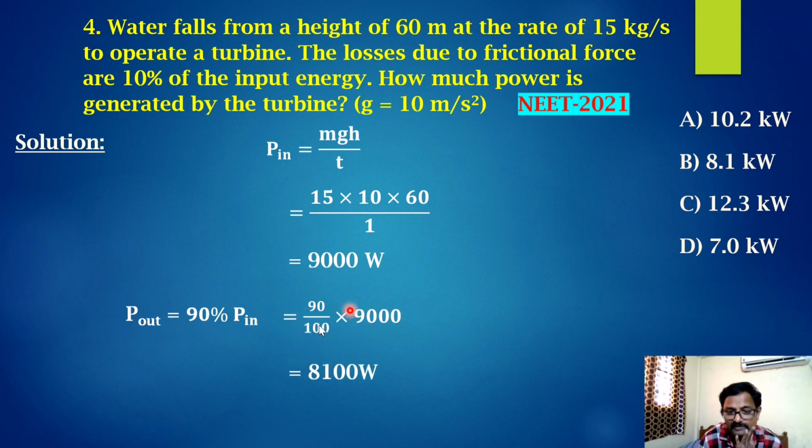If we simplify here we will get 8100 watt. That I can write as 8.1 kilowatt. Why? Because 1 watt means 1 by 1000 kilowatt. So we will get 8.1 kilowatt. So from the options, option B is the answer, my dear.